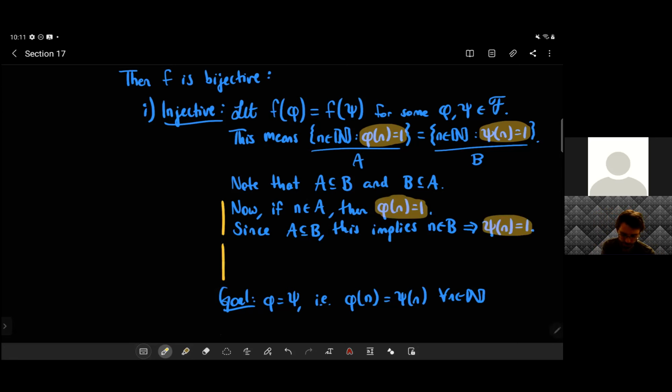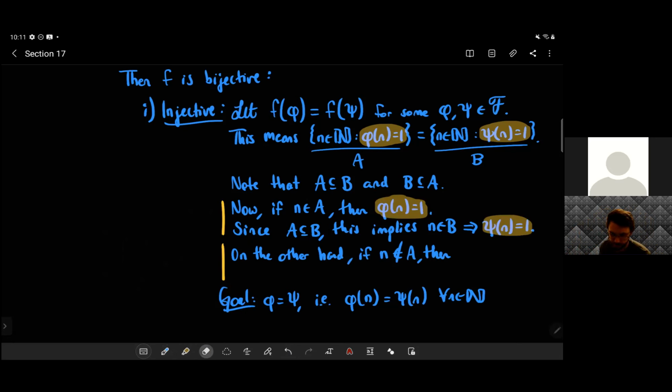So I could call this case 1 maybe. And then I'll put a case 2 here. I'll say on the other hand, if n is not in A, then what do we get?